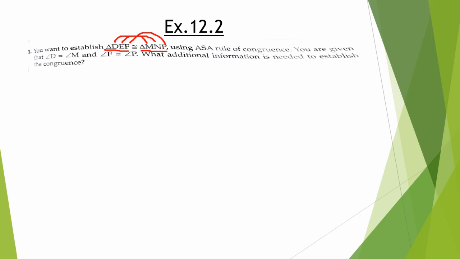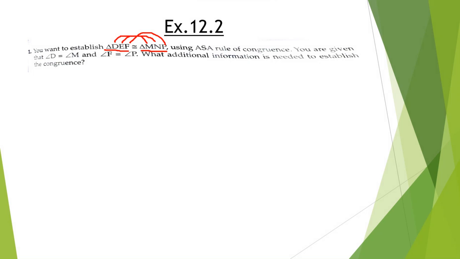So the question says, using ASA rule of congruence. So ASA, angle, side, angle. So here you're given two angles to be equal, angle D equal to angle M and angle F equal to angle P. So they're asking what additional information.